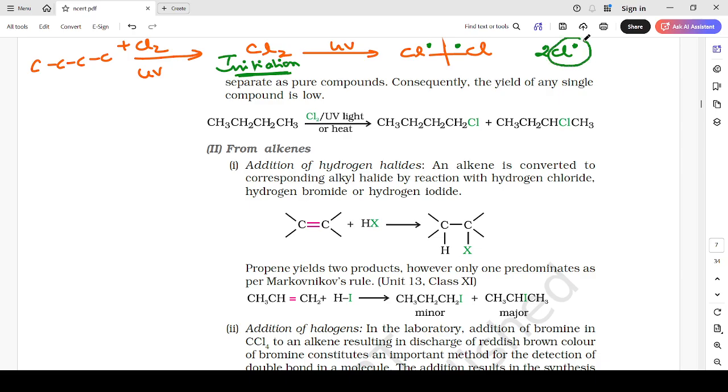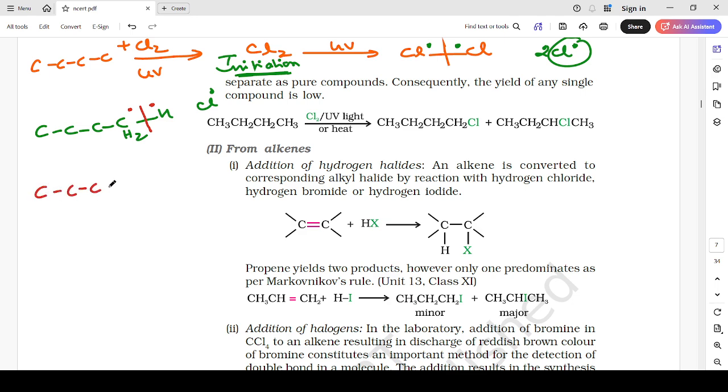Now this Cl dot is a very active species. It's very active like an LKG UKG kid who cannot sit in one single place. So what it does, it is going to trigger the homolytic cleavage of the butane. It is making the butane go for a free radical cleavage.